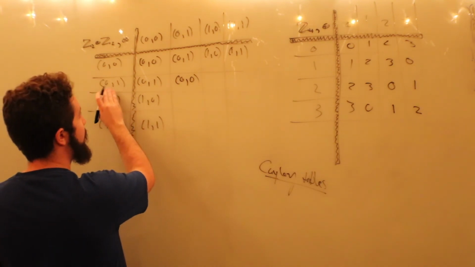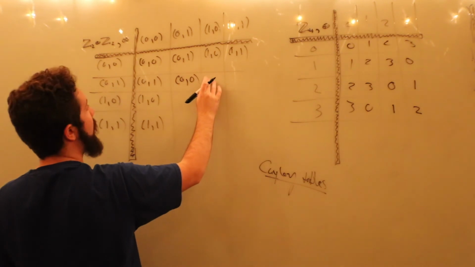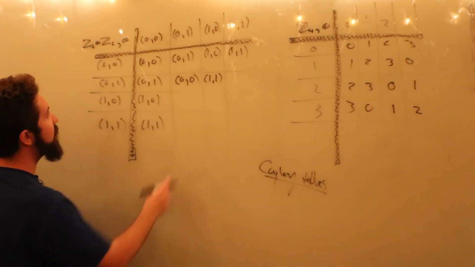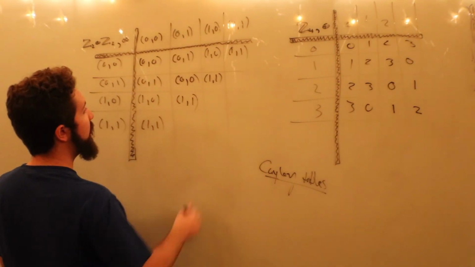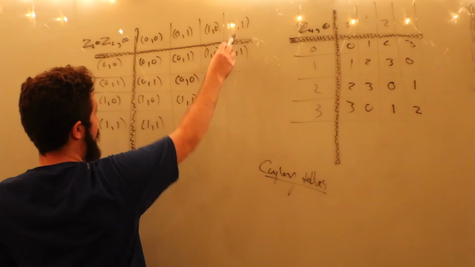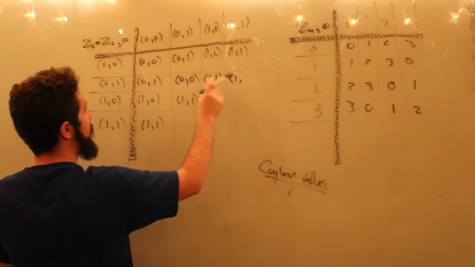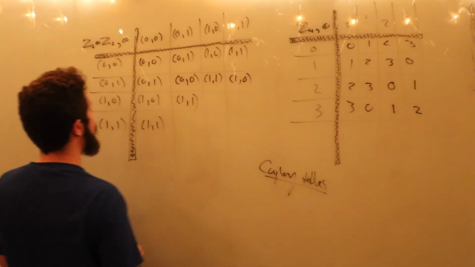Well, what about 0, 1 plus 1, 0 over here? Well, that's going to be 1, 1. Likewise, 0, 1 plus 1, 0 here is going to be 1, 1. We're going to have 1, 1 plus 0, 1. The first coordinate is going to be 1, and the second one, 1 plus 1 is 2, mod 2 is 0.